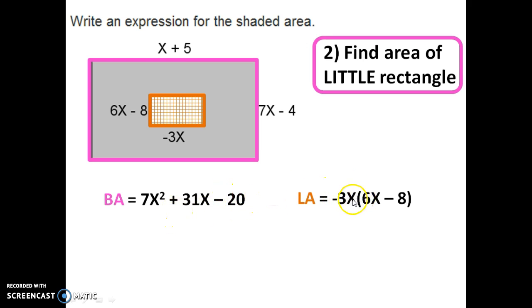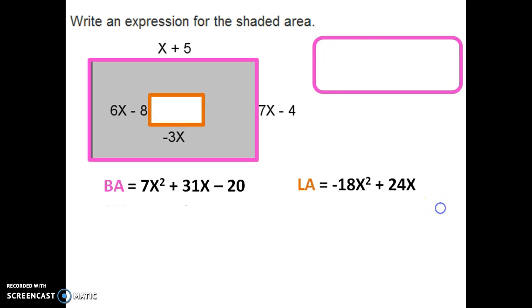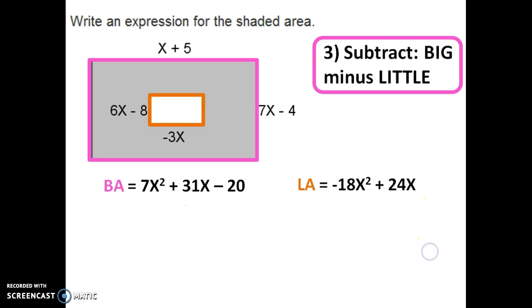So we take the negative 3x times the 6x, which gets us a negative 18x squared, and then we take negative 3x times negative 8, which gives us a positive 24x. But we're not done yet. Okay, we still need to find the area of just the shaded region.